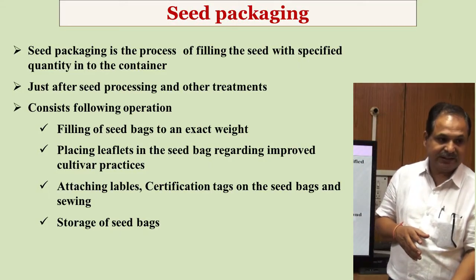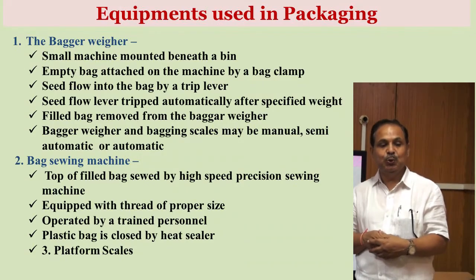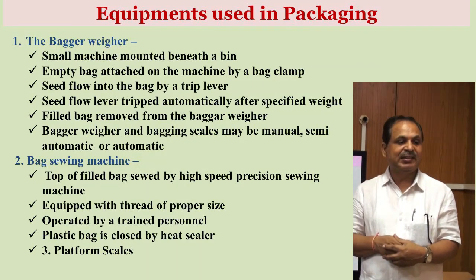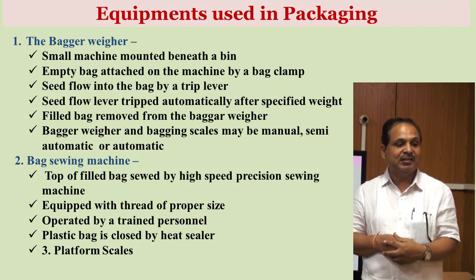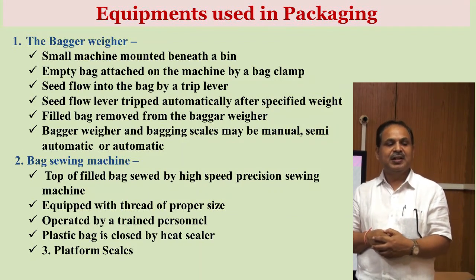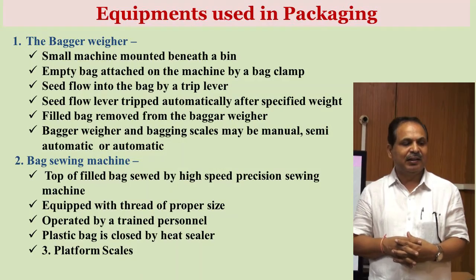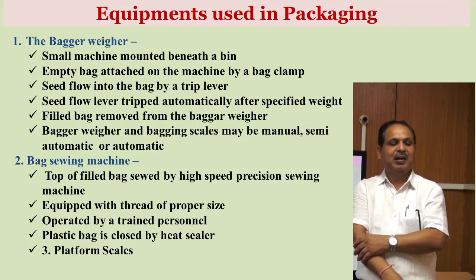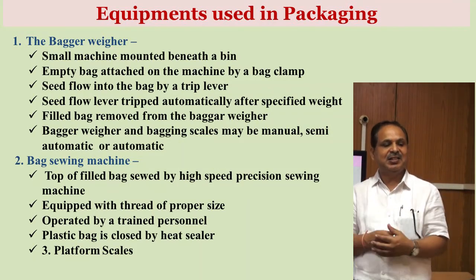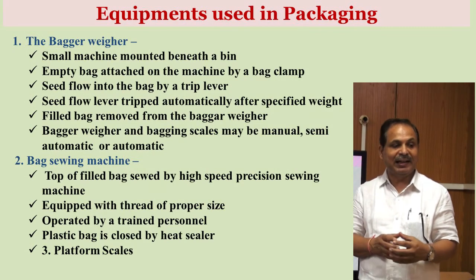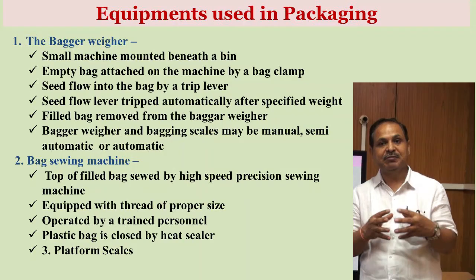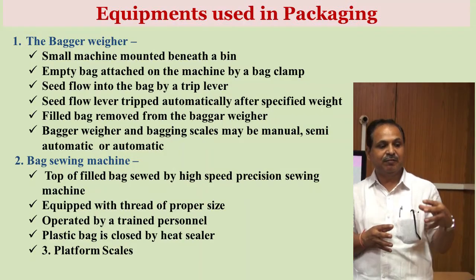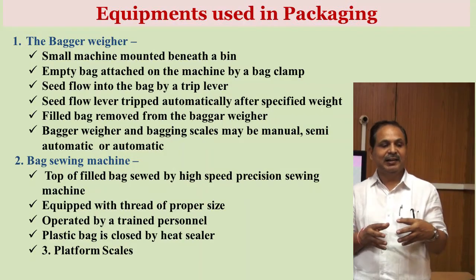Some of the equipment used during packaging is the baggerware and the bag sewing machines. Baggerware is a small machine mounted just beneath a bin. The empty bag is attached to the machine by a bag clamp, and the specified quantity of seeds flows into the bag, and then the lever is tripped.